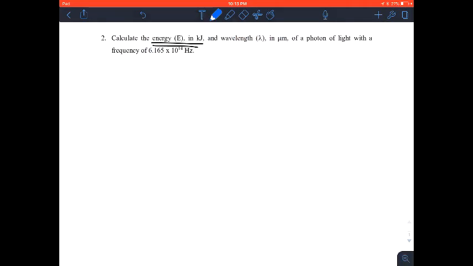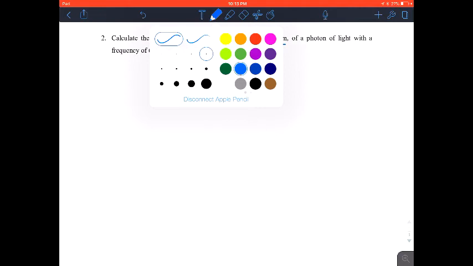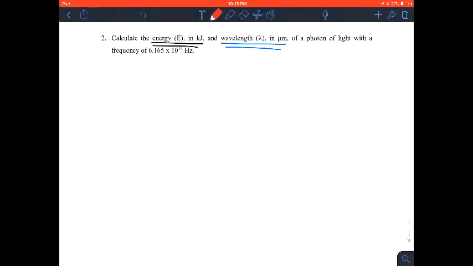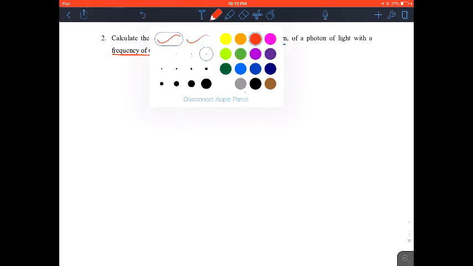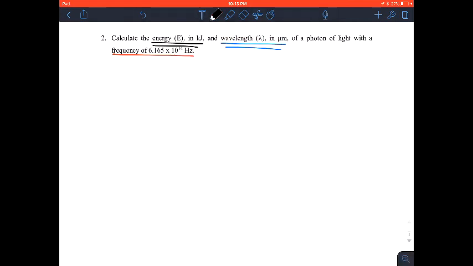Our wavelength in micrometers gets double underlined because we need to calculate both of these. And we have a photon of light with a frequency of 6.165 times 10 to the 14th hertz. So, as always, we're going to list our givens.